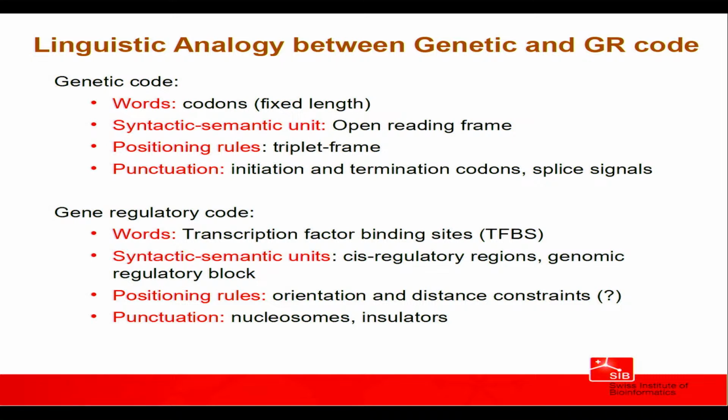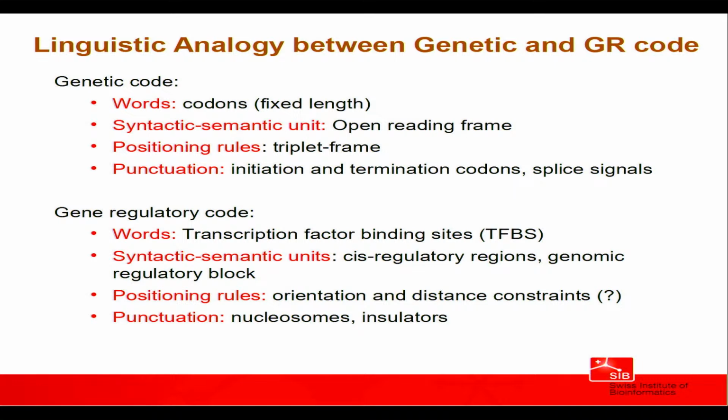Now, more from a linguistic perspective, in the genetic code we have words, in the gene we have codons, and in the gene regulatory code the words are the transcription factor binding sites. The open reading frame corresponds to the cis regulatory regions.